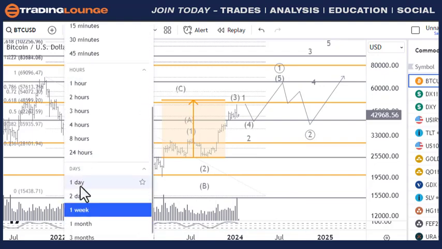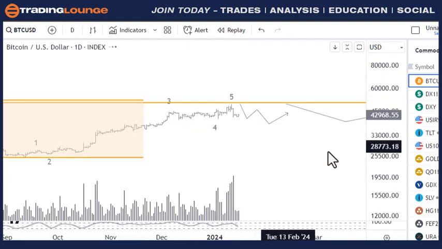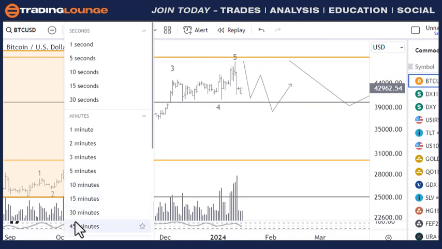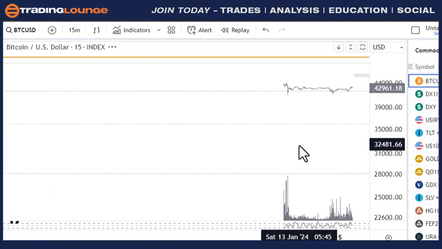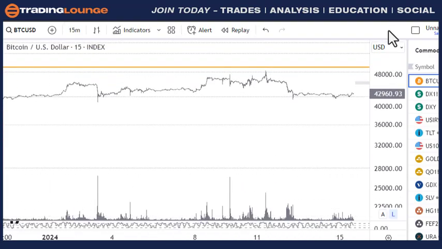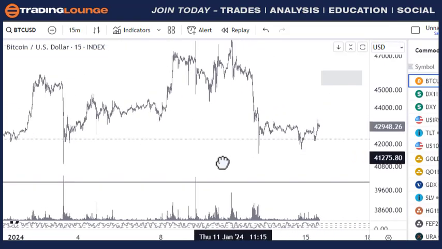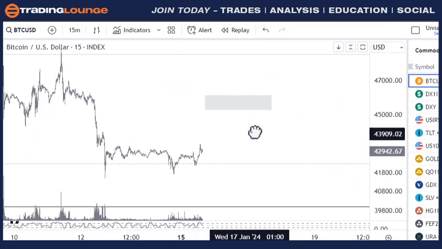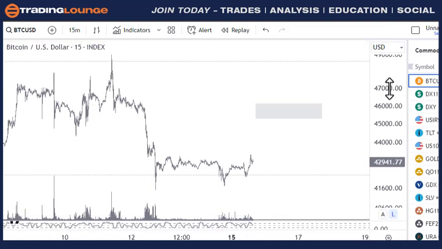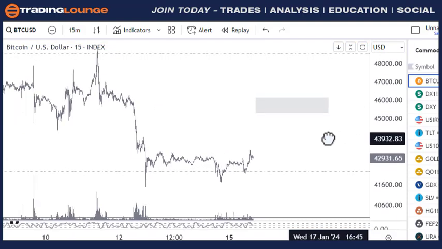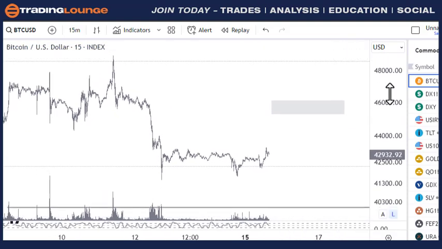So just going back into the daily chart for a moment, looking at this as an A and a B and a C down here. This is just a 15-minute chart. One of our members has done a nice chart in the commodity section, or the crypto section, on this, so we can go over it while we're here.